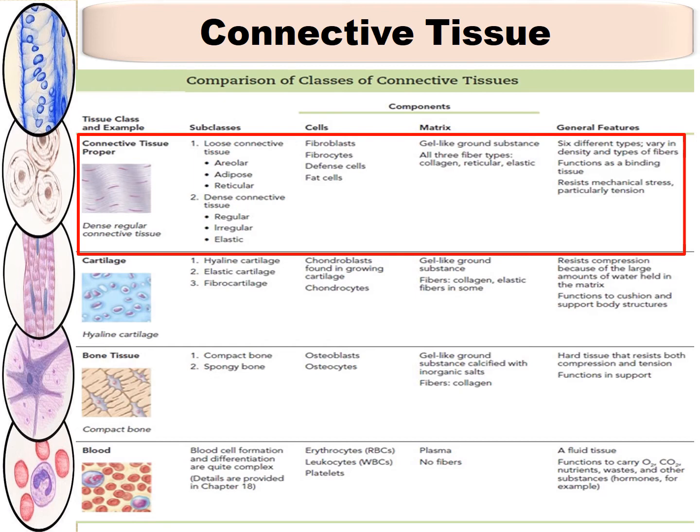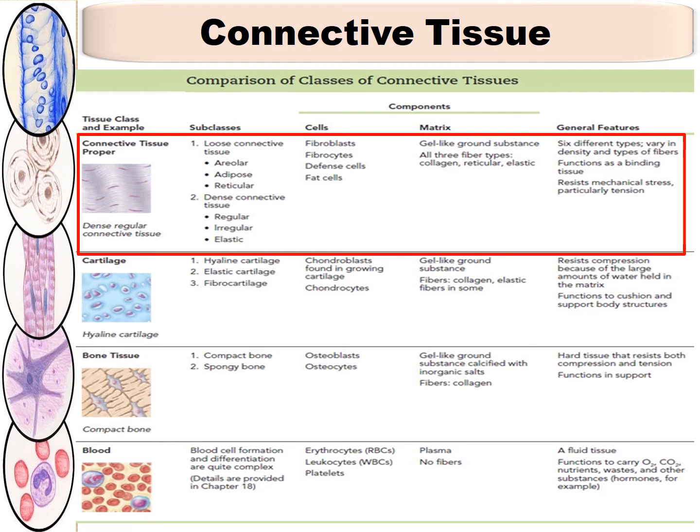This connective tissue proper has as its cells the fibroblasts, fibrocytes, defense cells and the fat cells, and it is composed of the matrix, that is gel-like ground substance, and all three fiber types: collagen, reticular and elastin.